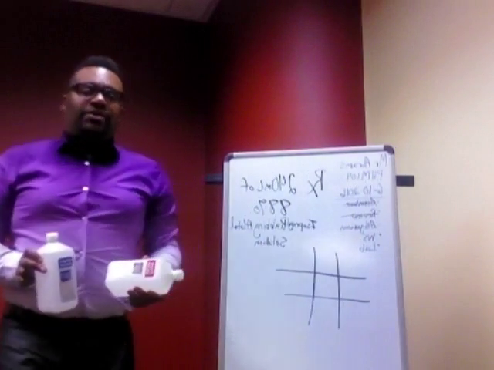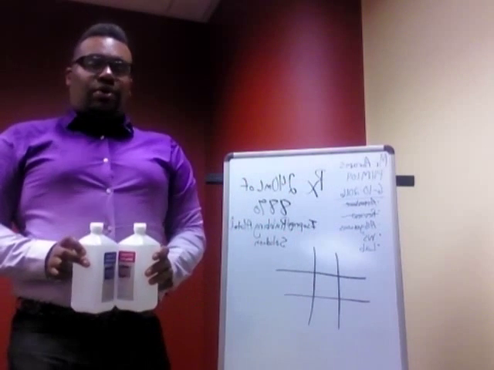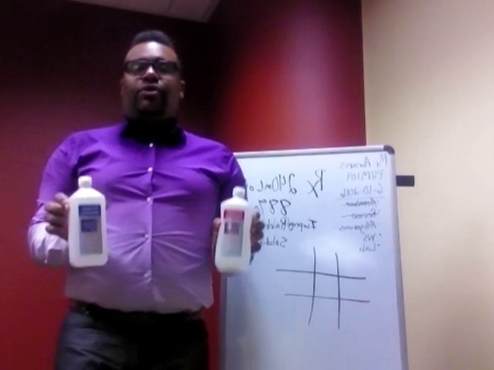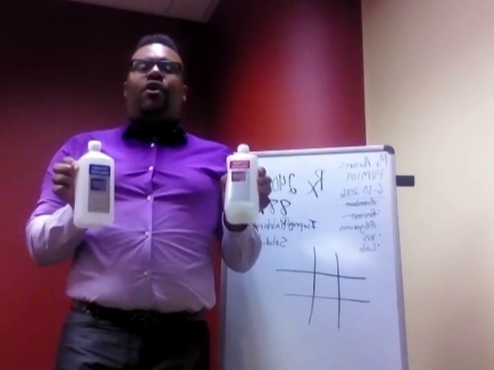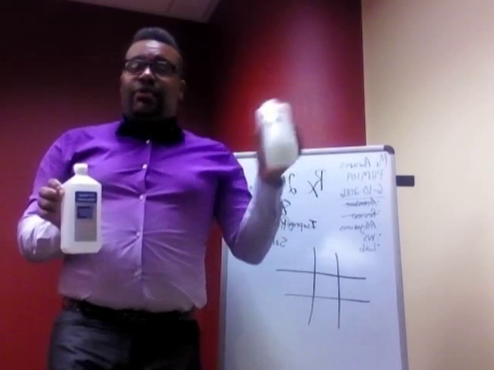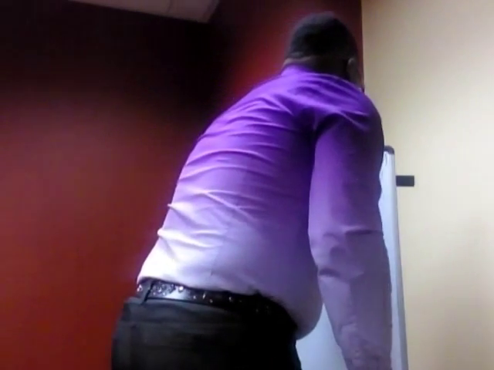Now, back to what I was saying. So in the top left corner, we're going to use the highest number or the biggest number based on the two products that we have on the shelf. Okay, so of course in this case it would be the 91. So we would put 91.